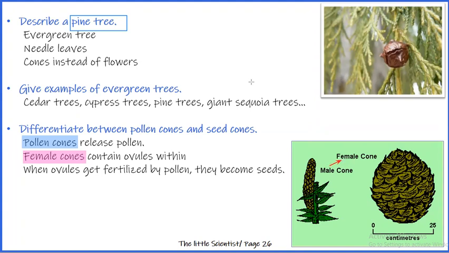And as you can see, and as we said before, the male cone is smaller than the female cone. And look, there are lots of shapes, colors, and sizes of cones, okay? It depends on the type of the tree, okay?